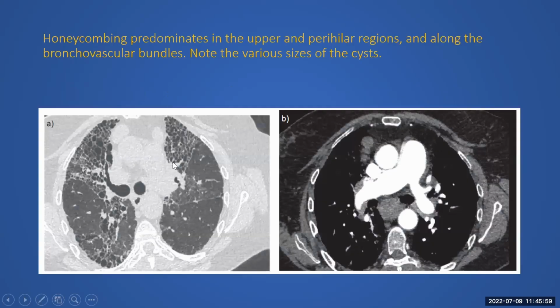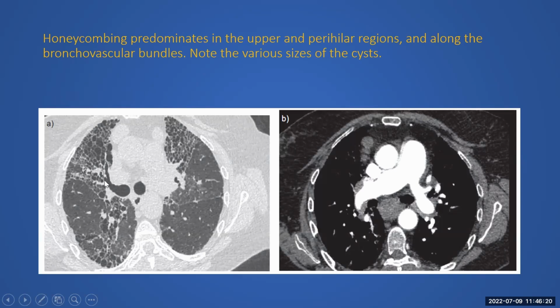I'll show you examples. This is a case of end-stage sarcoidosis, where you can see these cystic changes here. We haven't got multiple sections, but this is the honeycombing at the periphery, involving the upper zones and also perihilar in location.